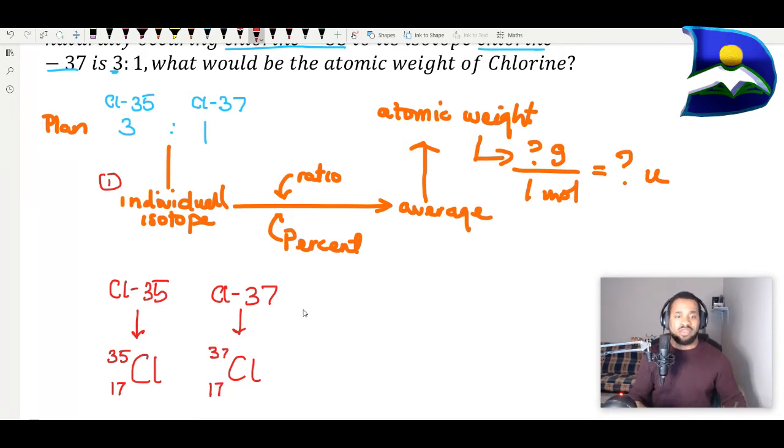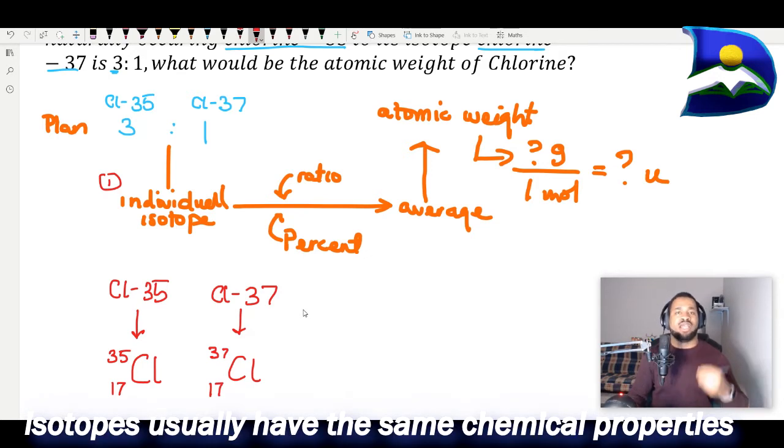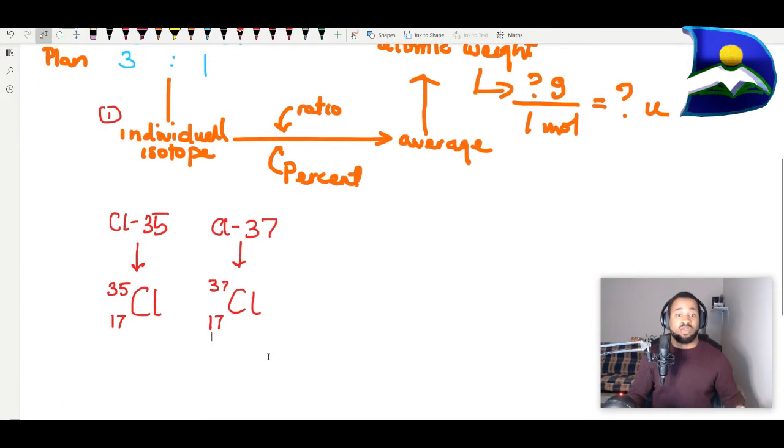So what you notice is that chlorine has this specific chemical characteristic, which is due to the 17 here, known as the atomic number, where the number of electrons is equal to the number of protons for chlorine's neutral form.